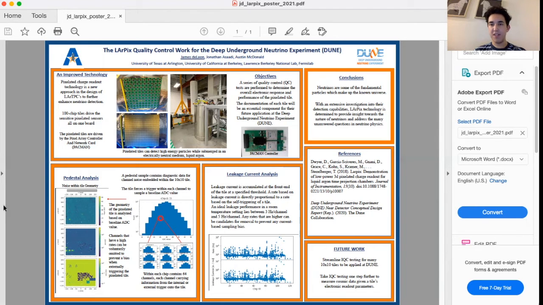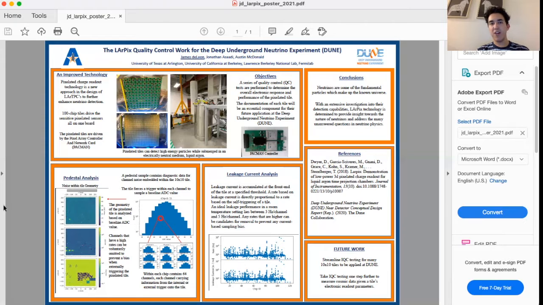Furthermore, pixelated time projection chambers are a new technology that has been developed to further enhance neutrino detection as a whole. The Deep Underground Neutrino Experiment, or DUNE, is an international organization designed to detect neutrinos and be a leading edge for neutrino physics around the world.